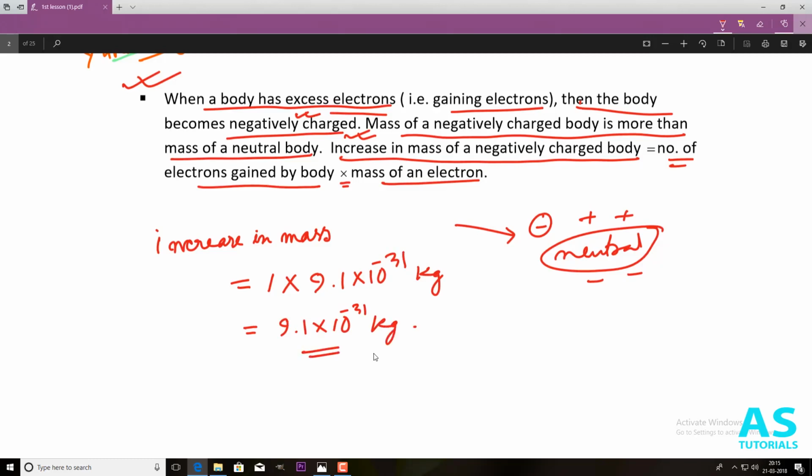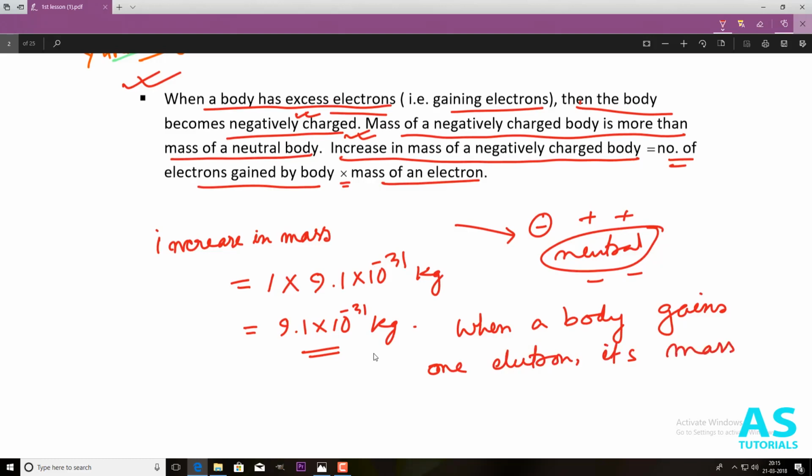So the conclusion is, when a body gains one electron, its mass increases. This is the conclusion here. So gaining electron means negatively charged.